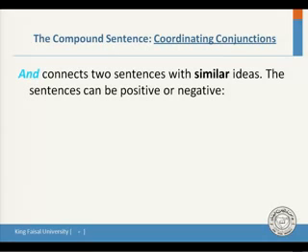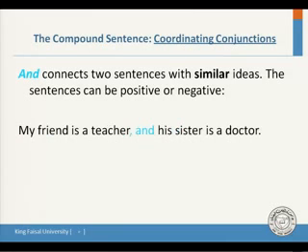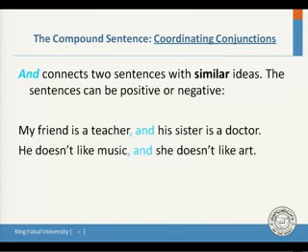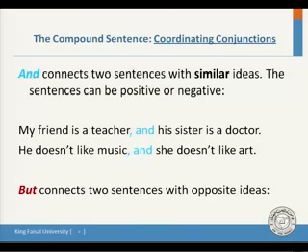When do we use and? We use and to connect 2 simple sentences here with similar ideas. You remember this. And the sentences can be positive or negative. Look at the examples. We have, my friend is a teacher and his sister is a doctor. He doesn't like music and she doesn't like art.